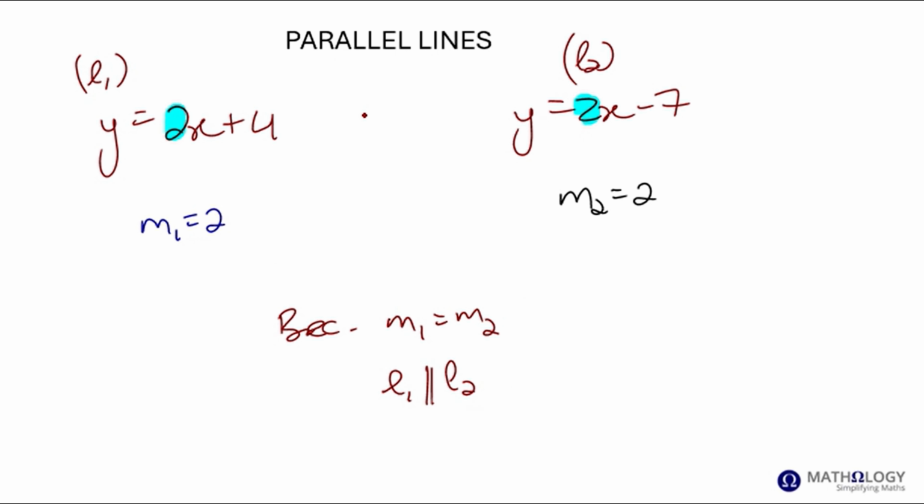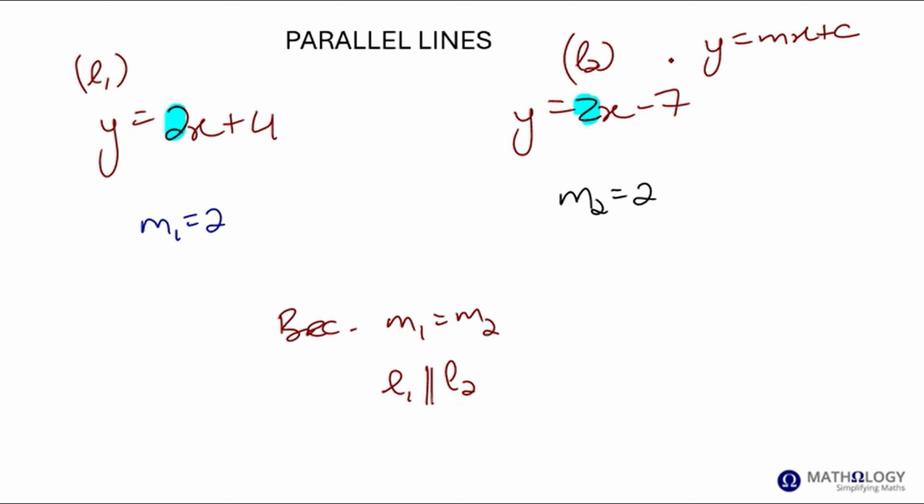Standard form, y equals mx plus c. Always express a straight line in standard form first, and then by looking at the straight line function in standard form, we can determine if two lines are parallel or if they're perpendicular. We're going to move on to perpendicular lines in a bit. We're first going to deal with parallel lines.